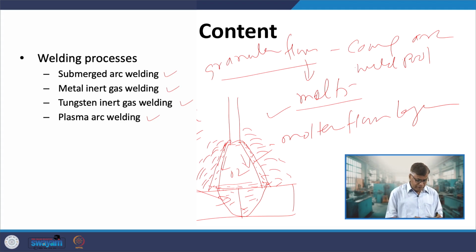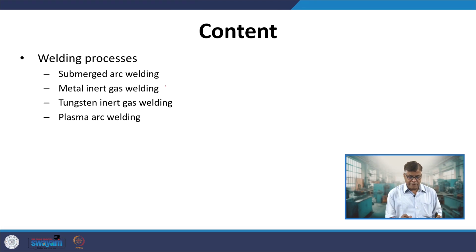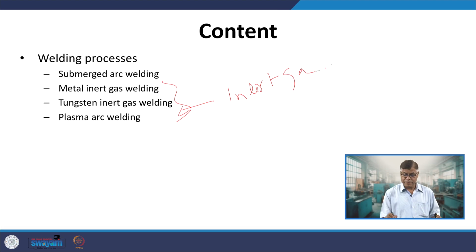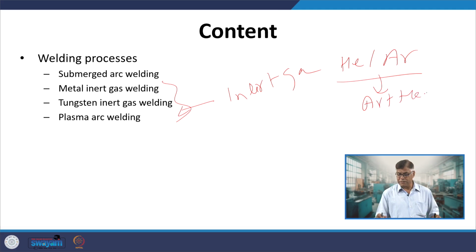Okay. So, that is the approach of the protection of the weld pool in the submerged arc welding. But as compared to the submerged arc welding, if we see the other 2 or 3 welding processes, metal inert gas, tungsten inert gas and plasma, basically the inert gas is used for shielding purpose. So, helium or argon or a mixture of these, argon plus helium mixture.